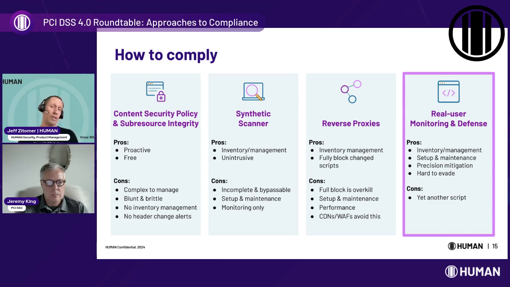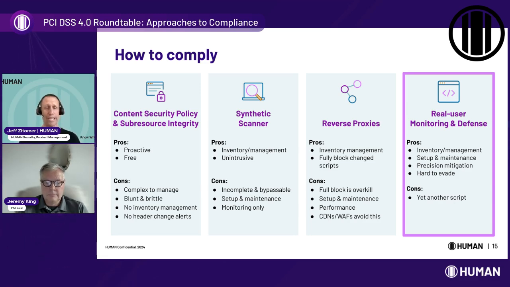The tools that are available are, first, free ones that are open standard, things like content security policy and sub-resource integrity. They are quote unquote free, as in you communicate something to the browser and the browser knows how to act based upon it. They have a few pros, but also a lot of cons. It's very difficult to actually accomplish security with them. They're blunt and brittle.